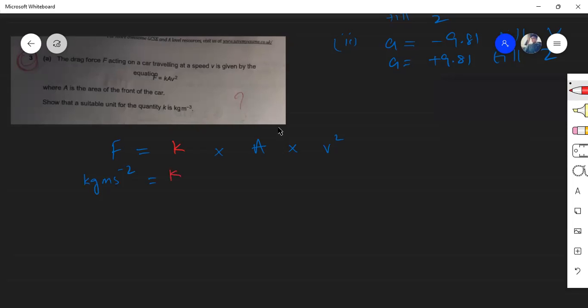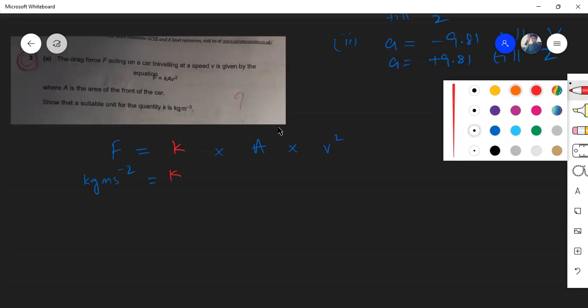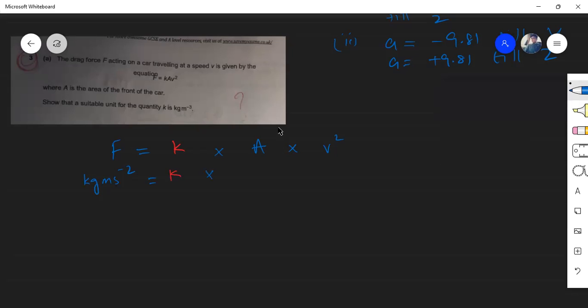The SI units for A are meter squared, and for V are meter per second, squared.